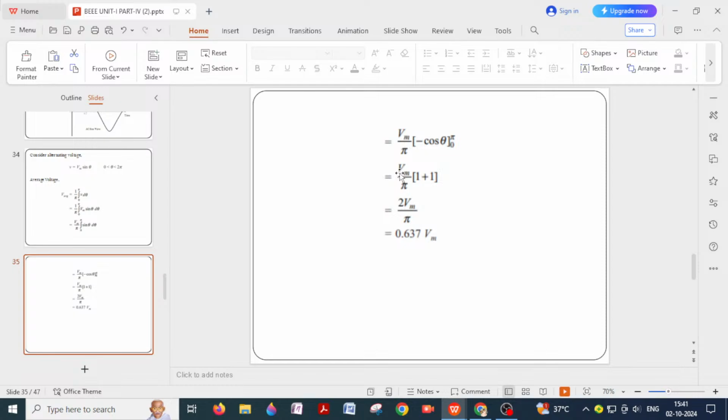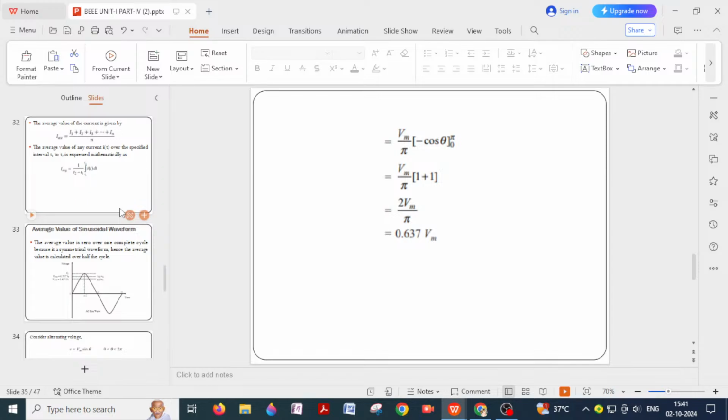So you can represent it on the waveform. 2 by pi, if you solve it, you will get 0.637. So 2 by pi is 0.637 Vm. On the sine wave, this is Vm; I will write Vm instead of Vp.